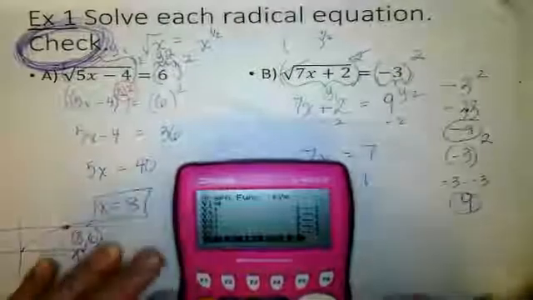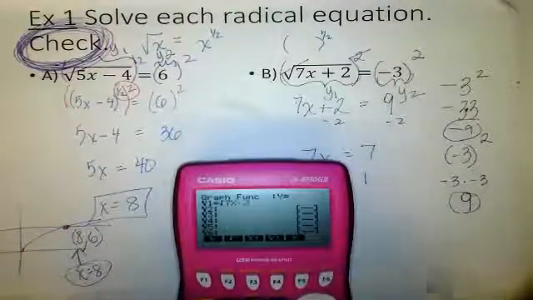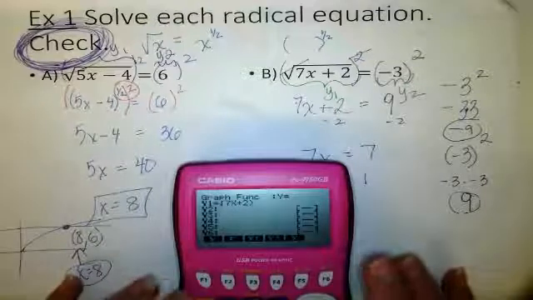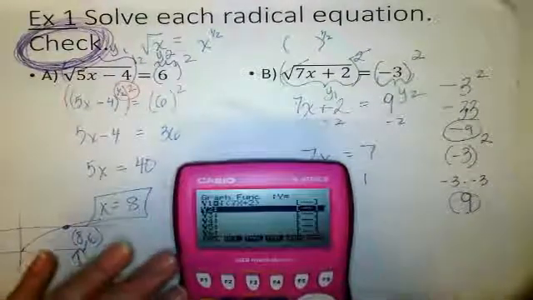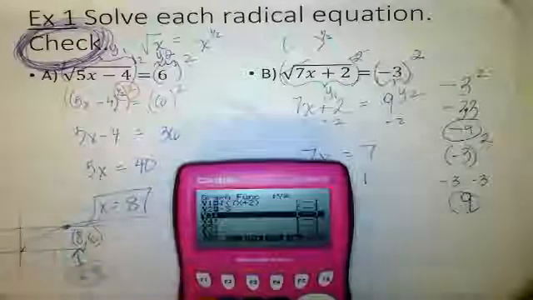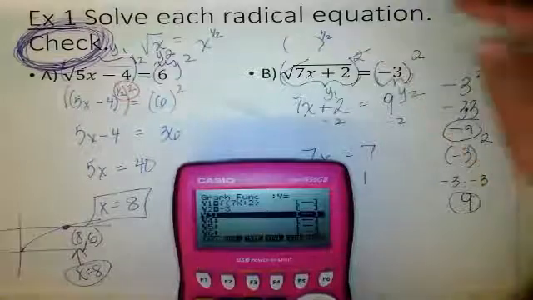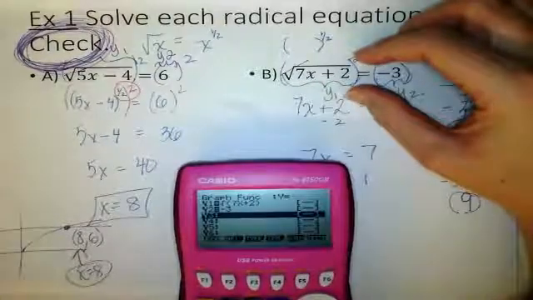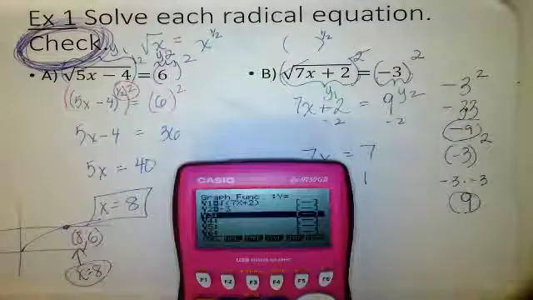All right. So I'm typing in the square root of 7x plus 2. A square root of that. So the square root was already here. If you do everything in the square root first, it'd be square root of that, right?